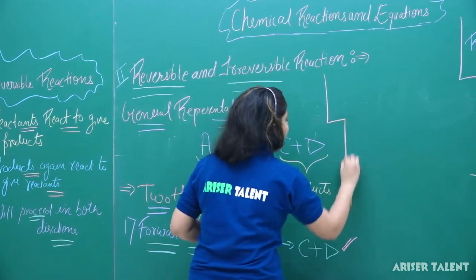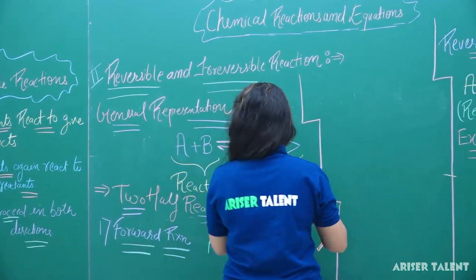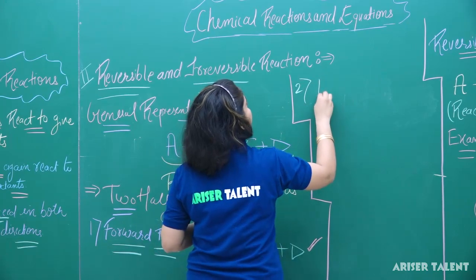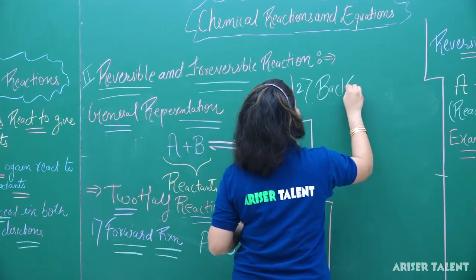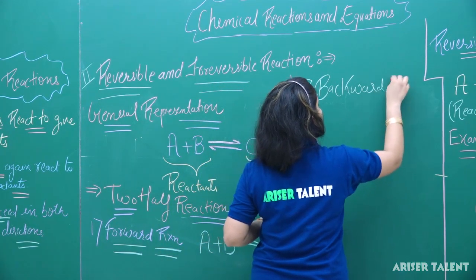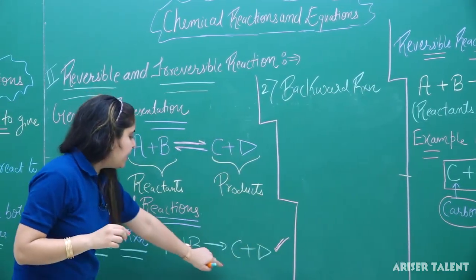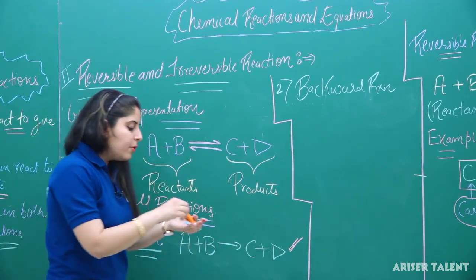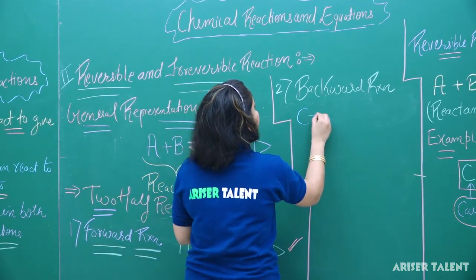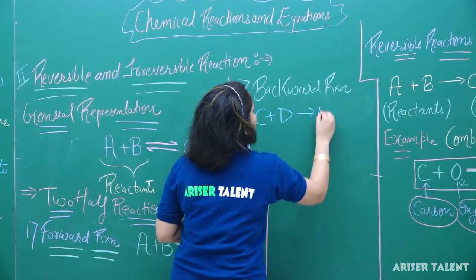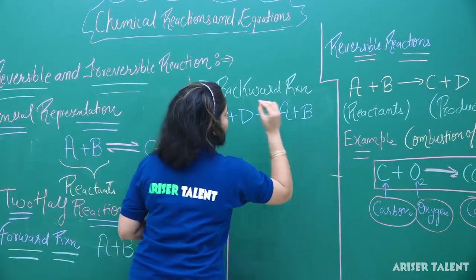Next, the backward reaction I am writing here. We have the second set of reaction, that is the backward reaction. And the backward reaction can be indicated just opposite to that of the forward reaction. The backward reaction will be C plus D gives A plus B.